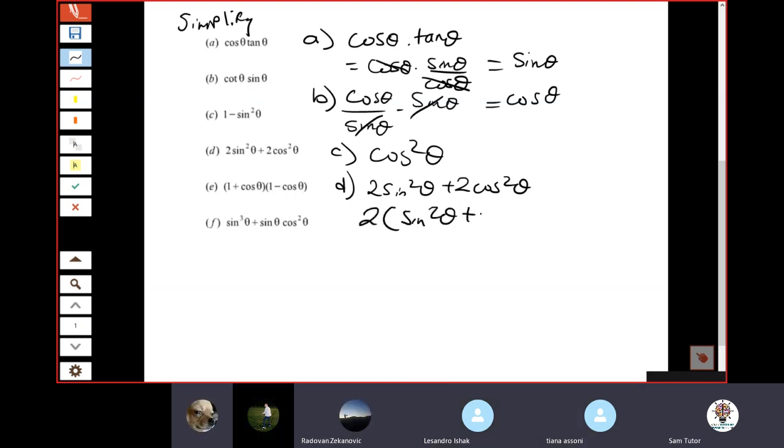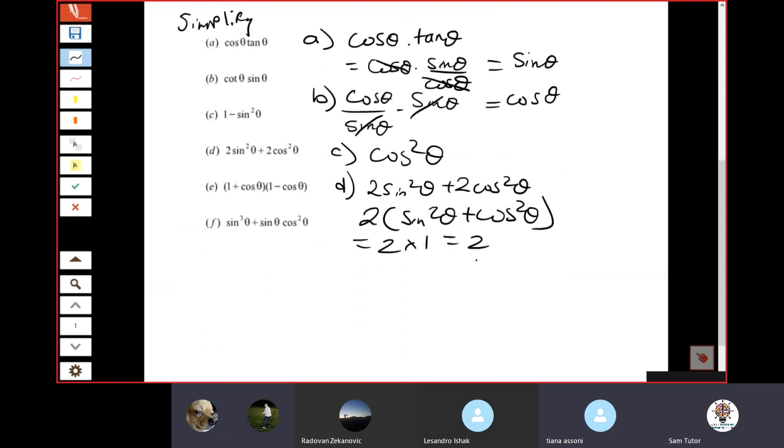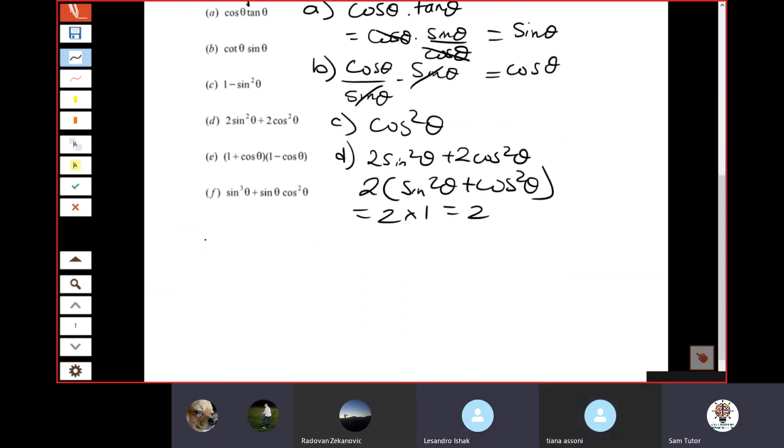What does sine squared plus cos squared become? Just 1, which makes it 2. Yep. Everybody look: sine squared plus cos squared equals 1. Any questions about that one? Makes sense? Cool. All right, let's go.